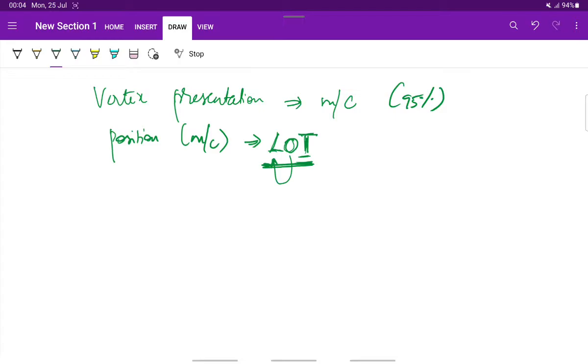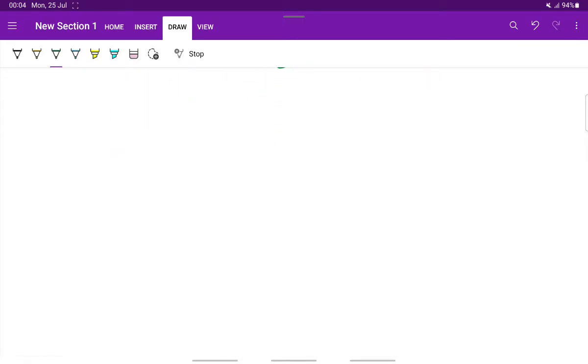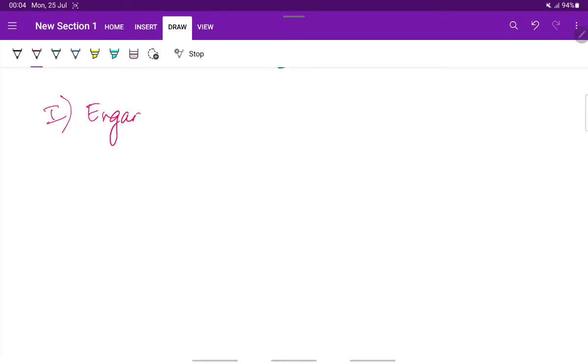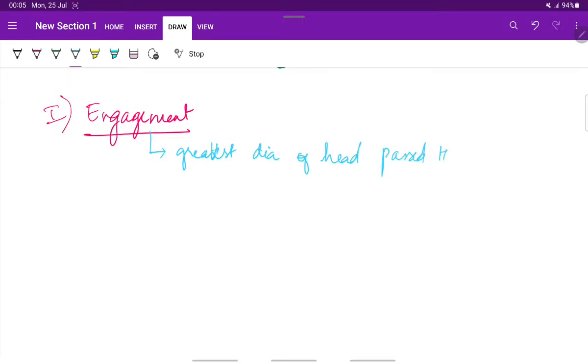Now let's see the cardinal movements one by one. First will be engagement. The definition of engagement is that the greatest diameter of the fetal head has passed through the pelvic brim.